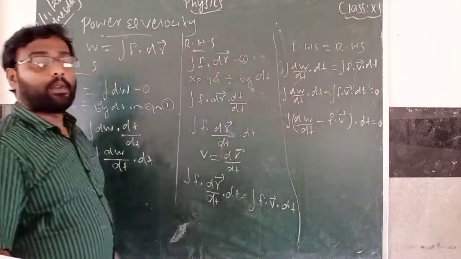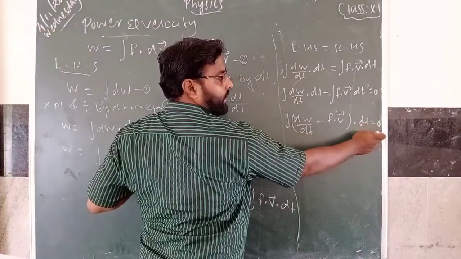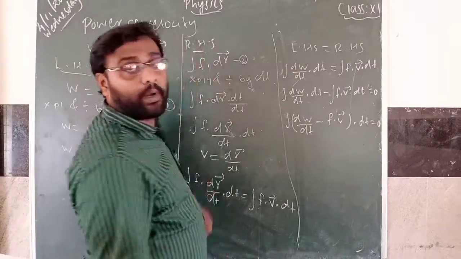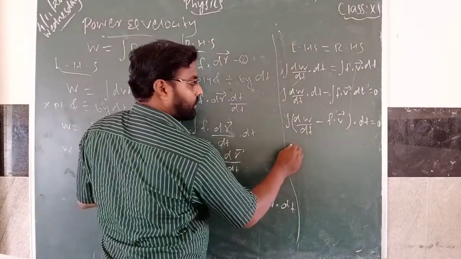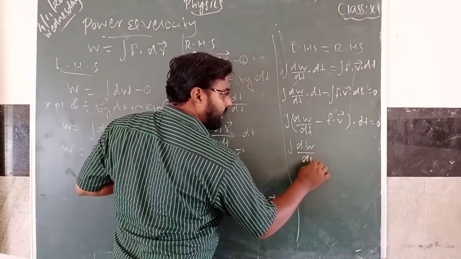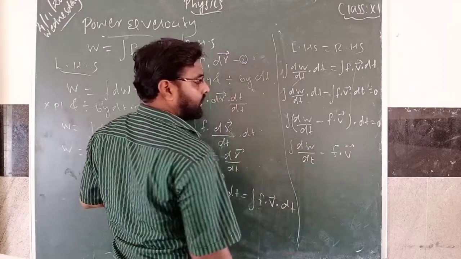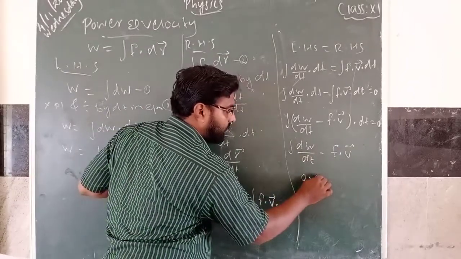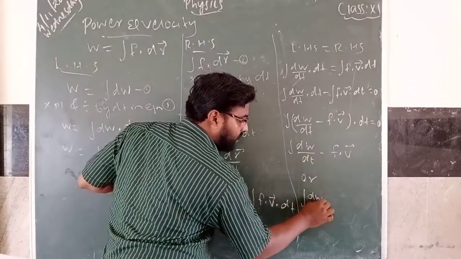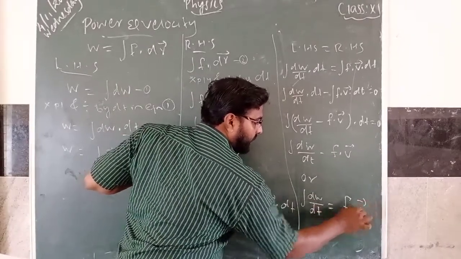Now dividing by dt, 0 by dt is 0 only. So we get dW by dt minus F dot v equals 0, or dW by dt equal to F dot v.